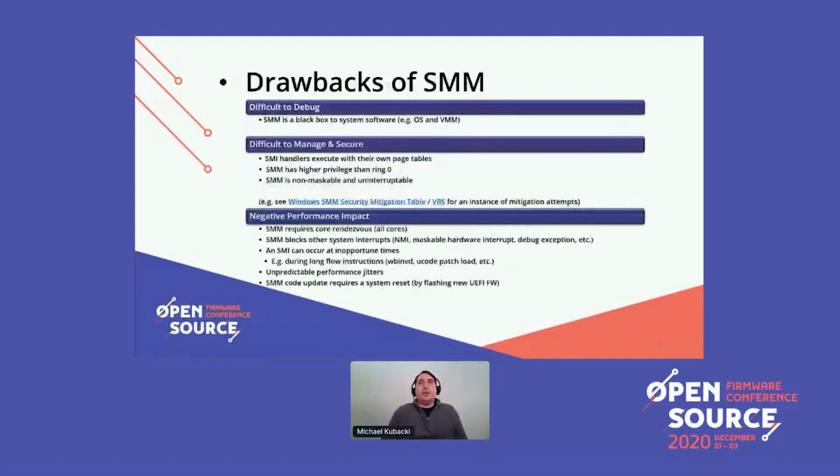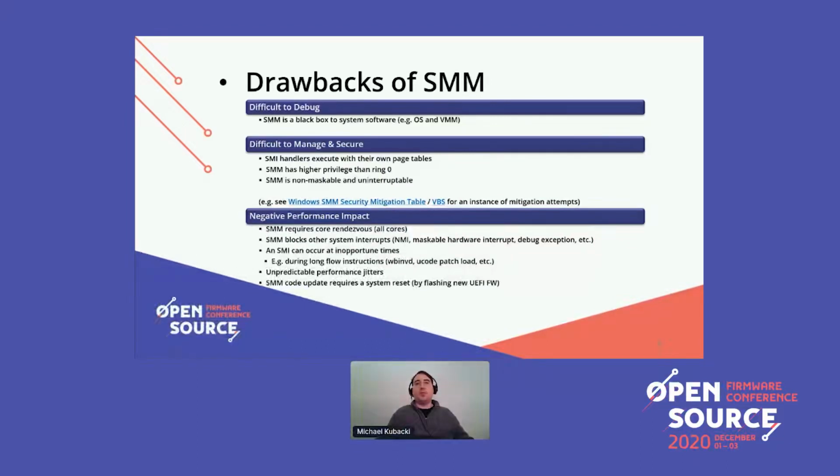So the drawbacks of SMM: it's difficult to debug. If you're an operating system engineer or you're someone working in general system software, you don't really have visibility into SMM on the system. And so it can kind of take over on your system. You can enter into an SMI and you might not have an interrupt service whenever you expected it to, or your code might not execute in the fashion that you expected.